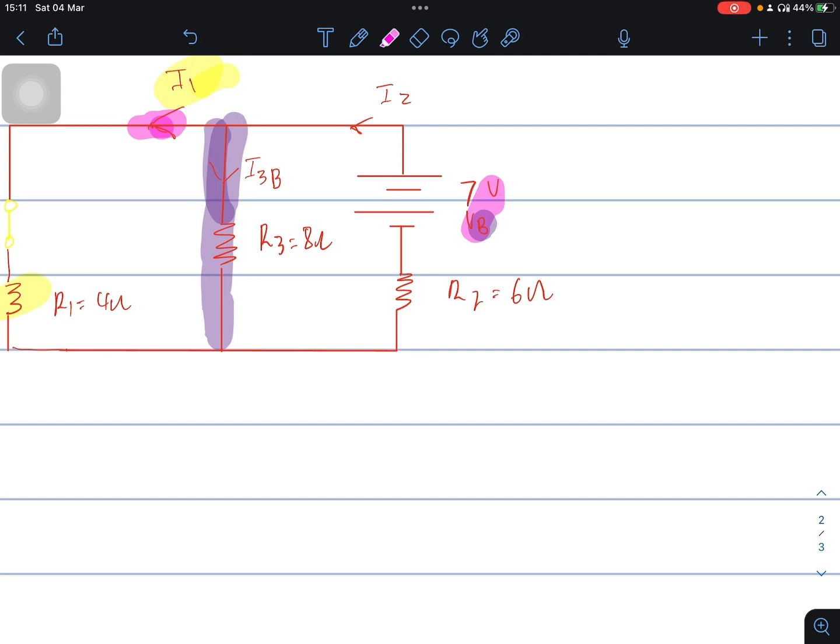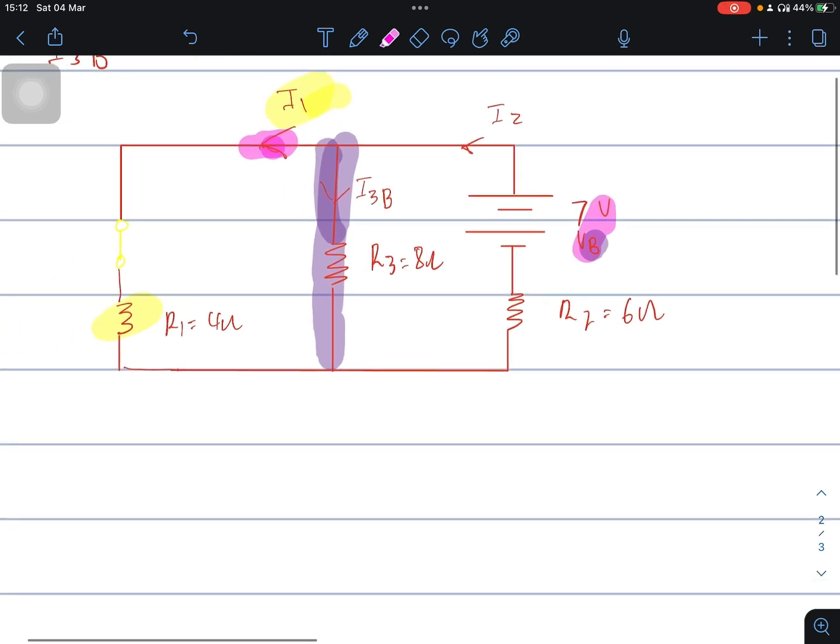So I need to find this current. Obviously I'm going to use the current divider rule, but for that I need to know the total current of the circuit, which is I2. I2 comes from the source, gets to this junction and splits into I3 and I1.